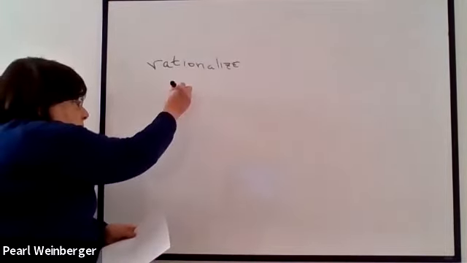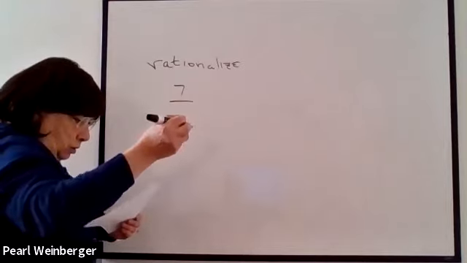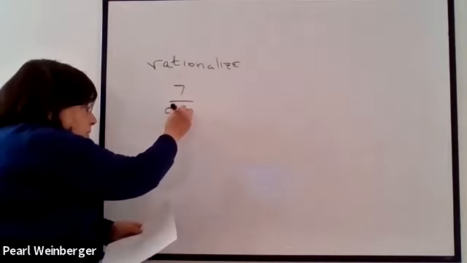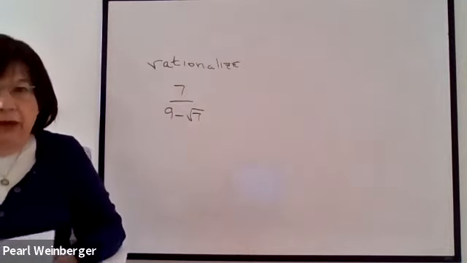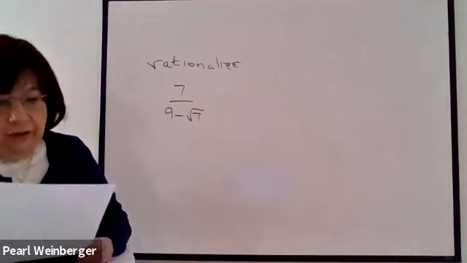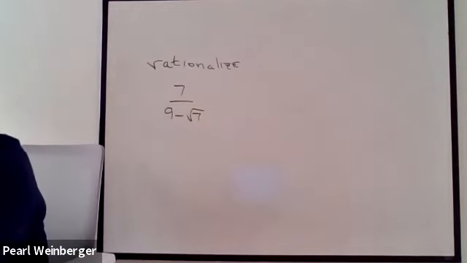Suppose I give you this 7 over 9 minus radical 7. See if you can simplify this or rationalize the denominator, whichever way you want to look at that.